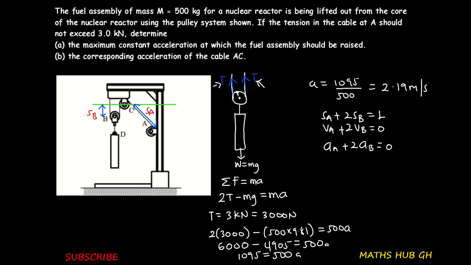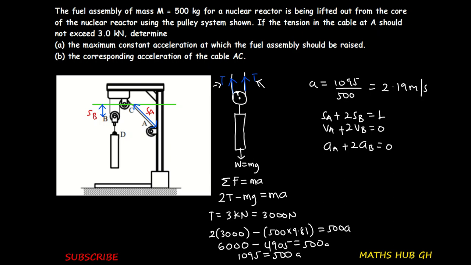And then we want to find the acceleration of cable AC. We want to find the acceleration of what? Cable AC. And cable AC is the part of the cable that has been labeled SA.